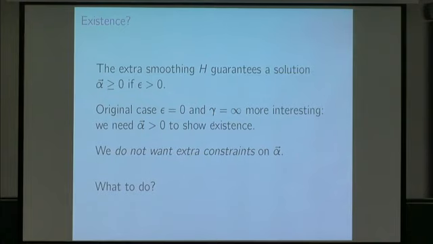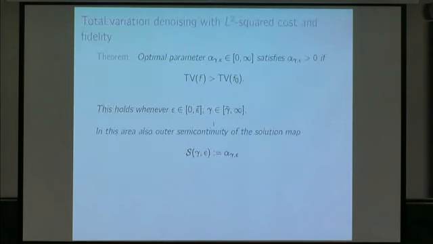And this is the nice part. This is where we get again to understanding the regularizers better. We can actually prove that the optimal parameter is greater than 0, here for the TV case, if a very natural condition on the data and ground truth holds. So this is here.